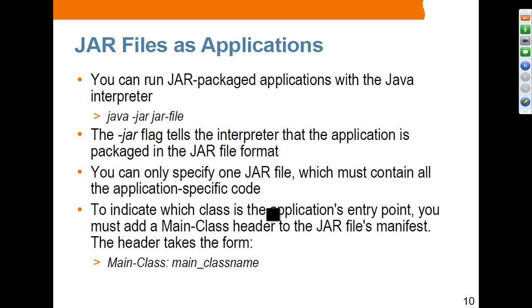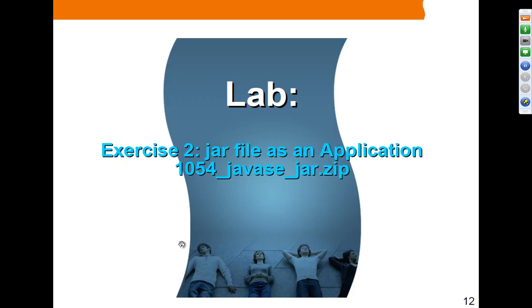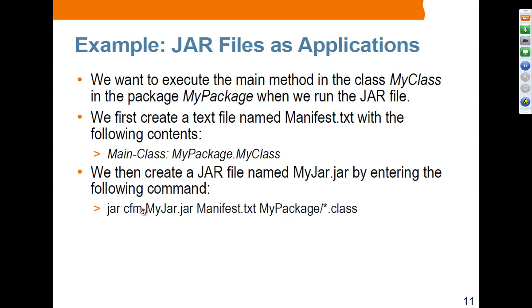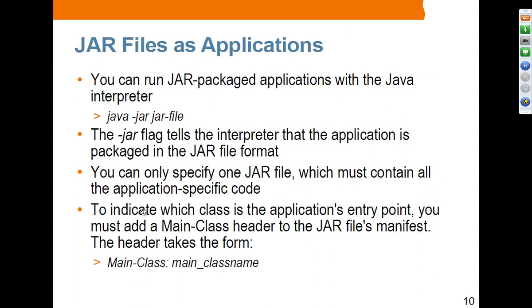So inside your manifest.mf file, you are going to add this line: Main-Class, and the name of the main class. Main-Class is a keyword, and then you specify the actual name of your main class.